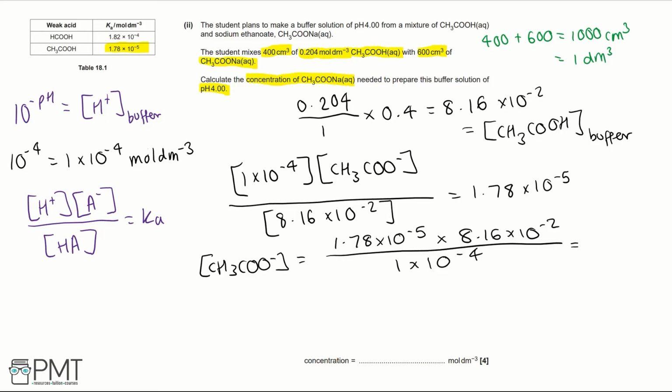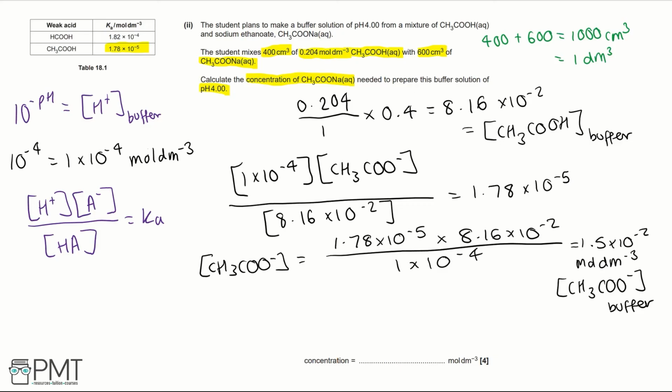So this equals 1.5 times 10 to the minus 2, and this is moles per decimeter cubed of CH3COO minus in our buffer.